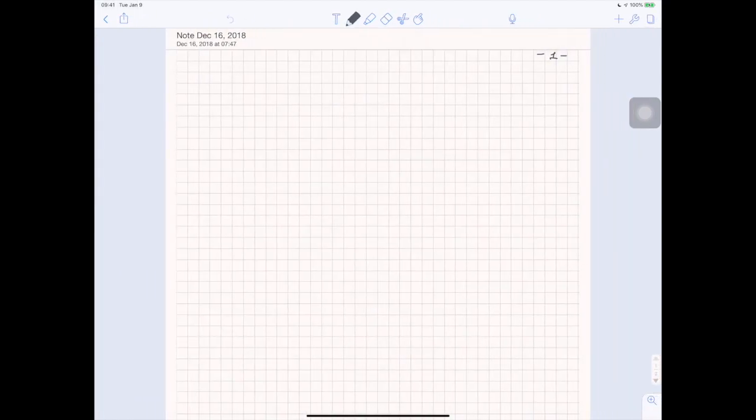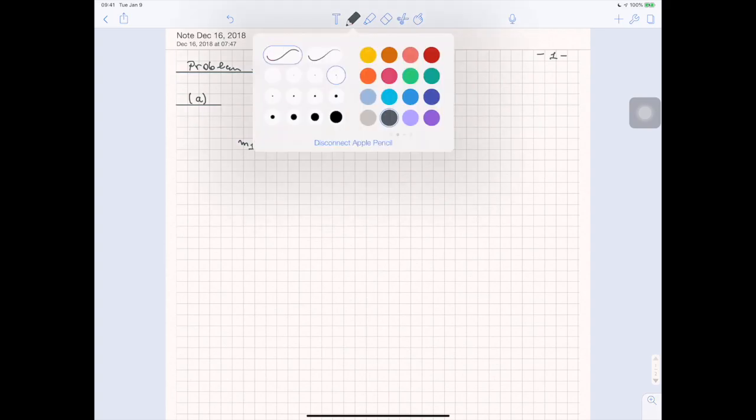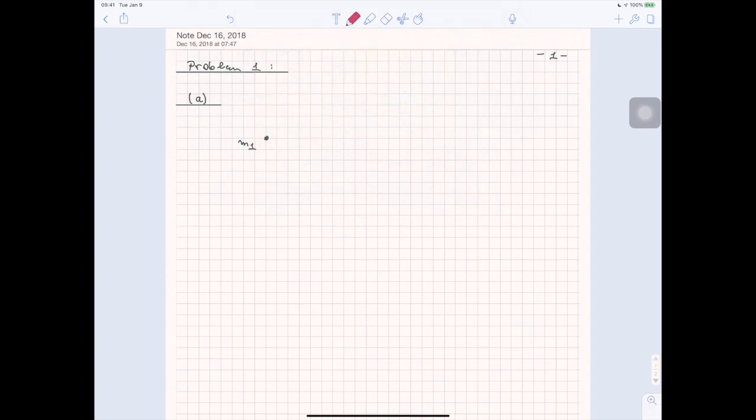All right, so this here is now problem 1. All right, so this is part A. So a free body diagram. So here, just for the two masses, this is mass m1 here. Let's draw here the two forces, so the gravitational force.